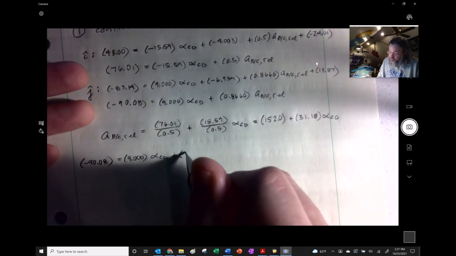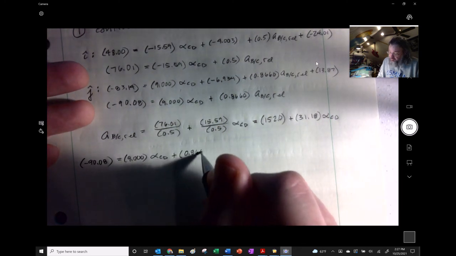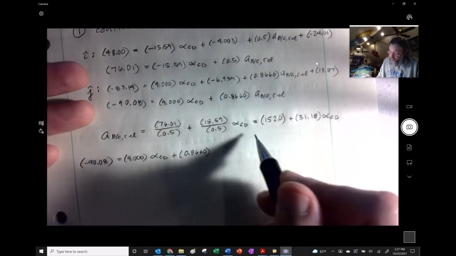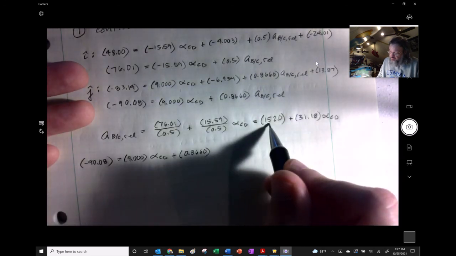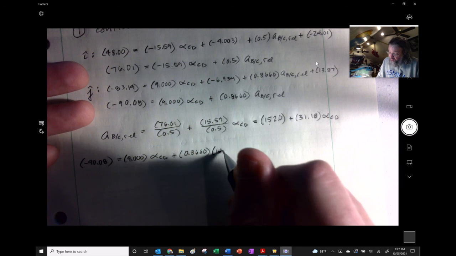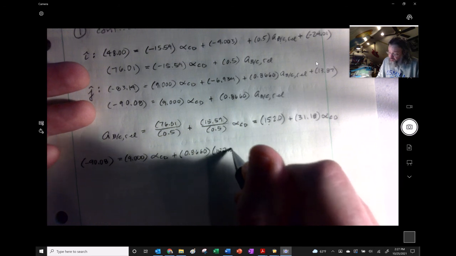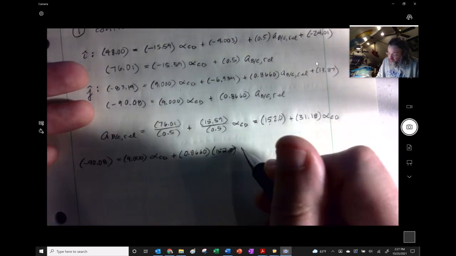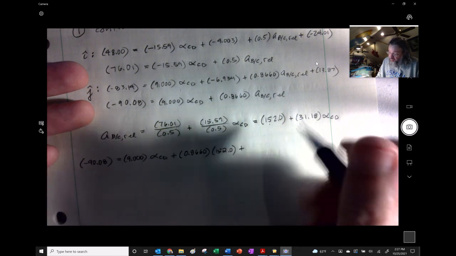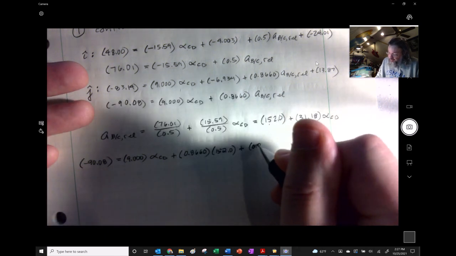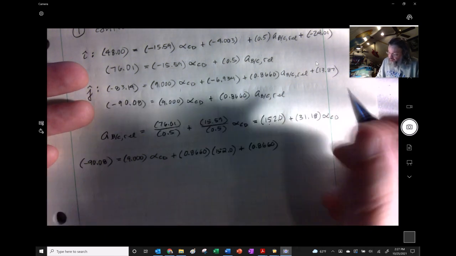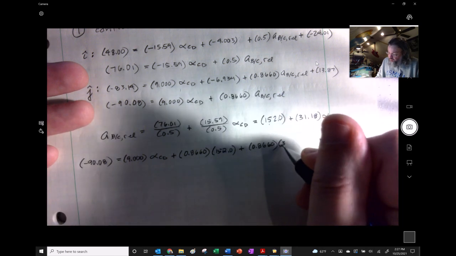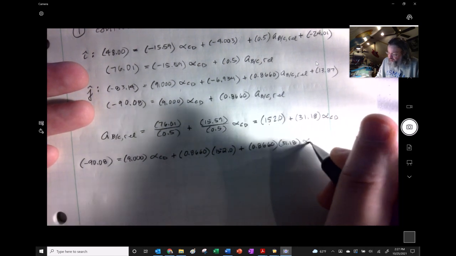plus a 0.8660 times 152.0, that's 152.0, plus 0.8660 times 31.18 alpha CD.